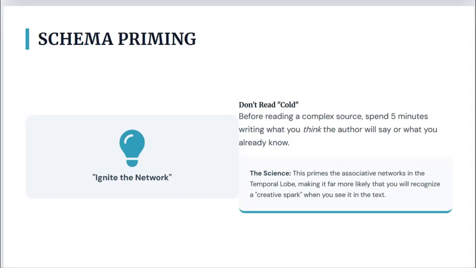But here's another way to look at it. If you let yourself do that, and you write down what you think the author will say, and then put down all the things that you already know about the topic, then go in and see, was I right?